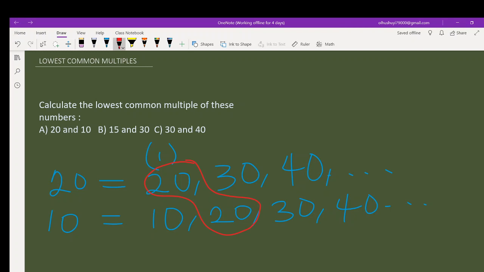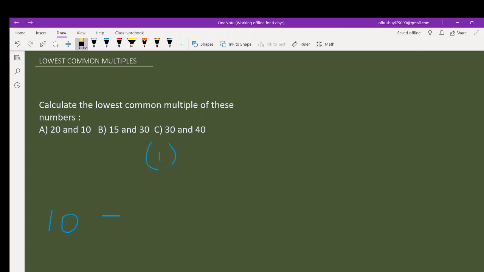So let's solve the second example. It says 15 and 30. 15, 30, 45, plus 15 again gives you 60, and on and on.